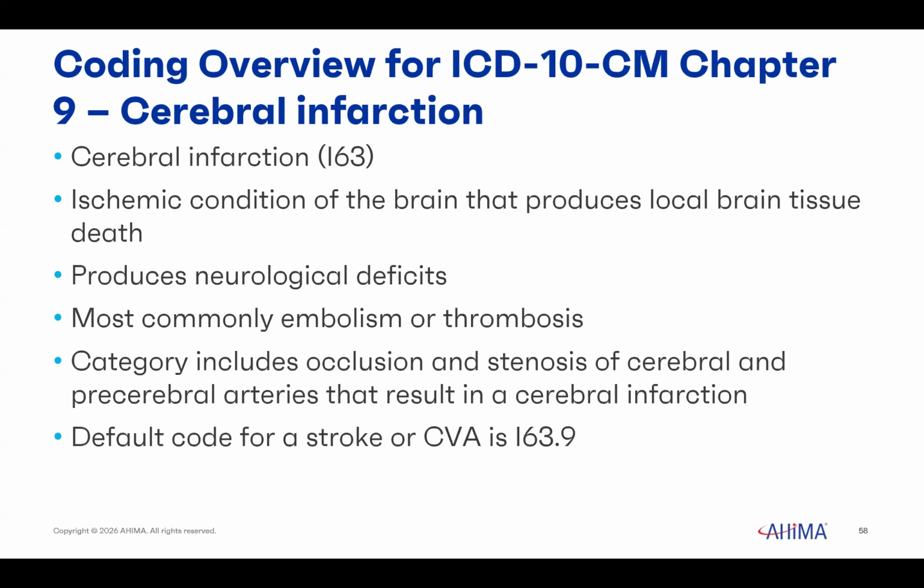These codes, if for a default of a stroke with no other qualifying documentation, would be I-63.9. We have more specific codes falling under code category I-63. We only use the I-63.9 if there's no other specificity.